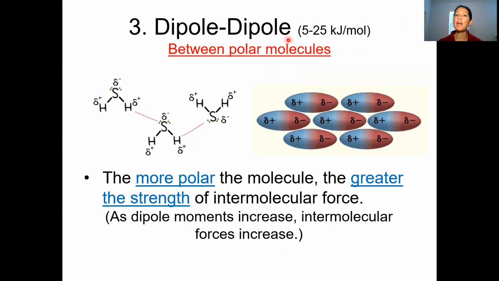Okay, the next is dipole-dipole. The easiest way to remember this is dipole. If you have a dipole, you have a polar molecule. So dipole-dipole is between polar molecules. H2S is an example. And notice, H and S, if you look on the table of electronegativity, their electronegativity difference is negligible.